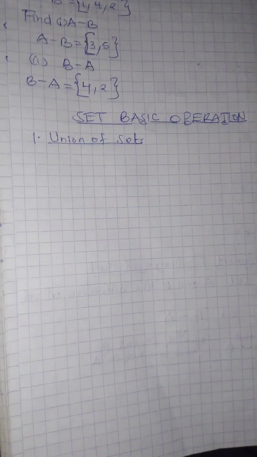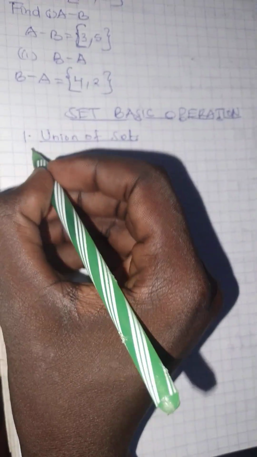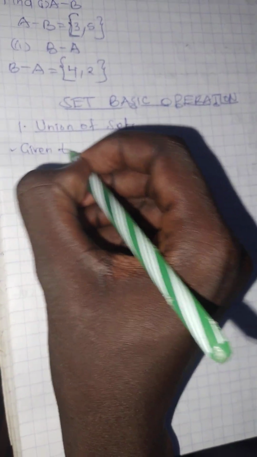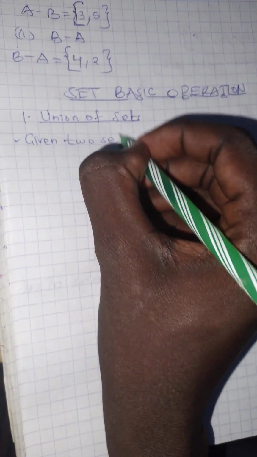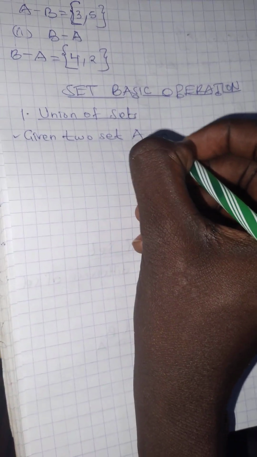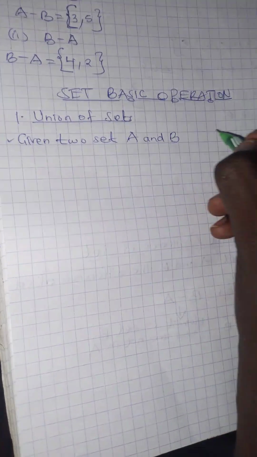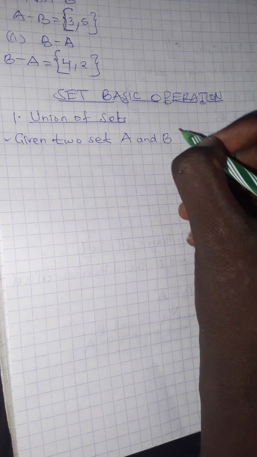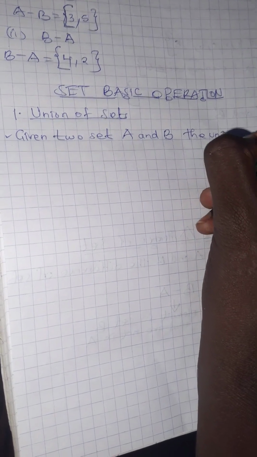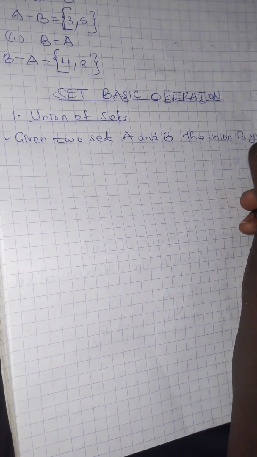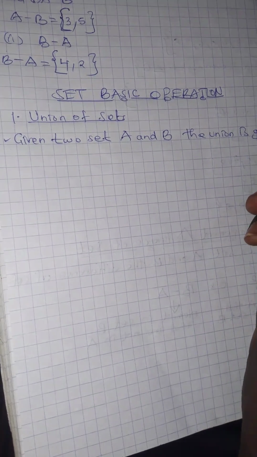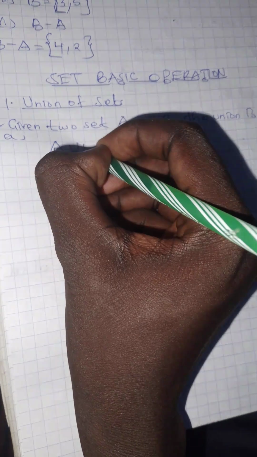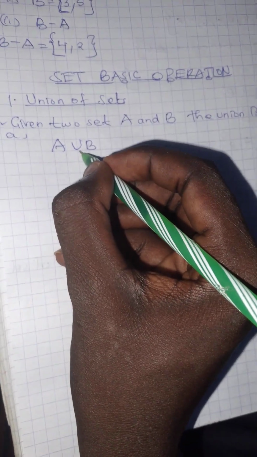Given two sets A and B, the union is given as A union B. This is a sign for a union.